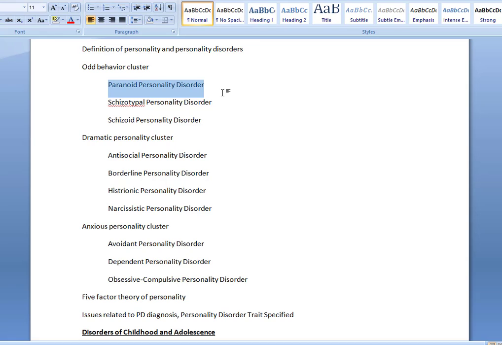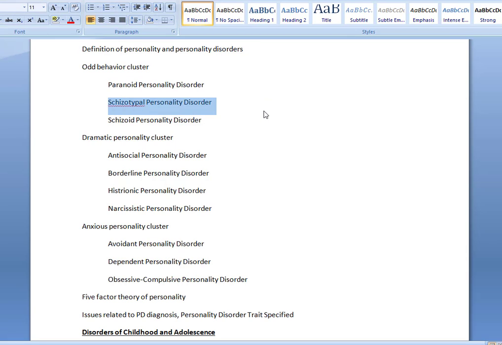So a person who has schizophrenia might have an episode of severe symptoms and then go back to having milder symptoms, versus a person who has one of these personality disorders would have milder symptoms kind of all the time. So paranoia, obviously involved in paranoid personality disorder.